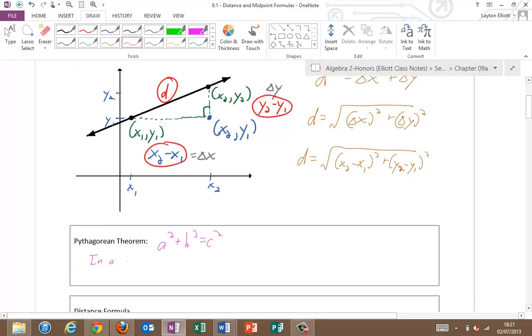Anytime I ask you what the Pythagorean theorem is, I want you to start with: in a right triangle, the sum of the squares of the 2 legs, that means the 2 shorter sides, is equal to the square of the hypotenuse. And the hypotenuse is, of course, the longer side.